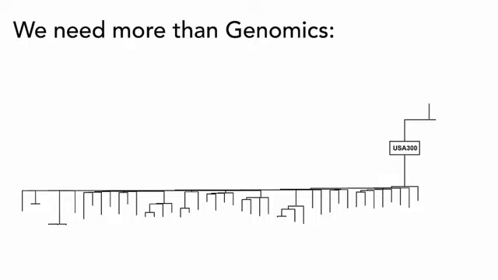Now, maybe the first takeaway is that genomics is not enough. So what you're seeing here is a tree of strains that are bloodstream isolates. So these are from very sick patients, and we're clustering them. And what you're seeing is, well, you can't see it, I'm going to tell you. Some of these strains are low virulence.